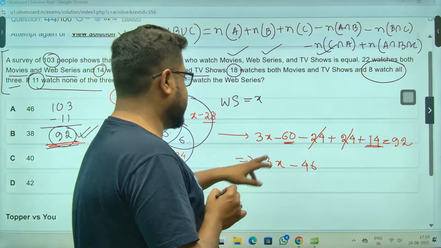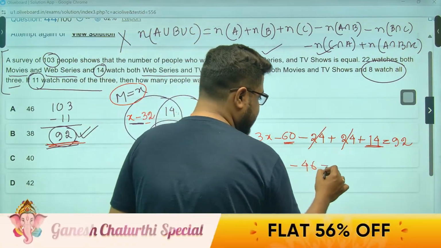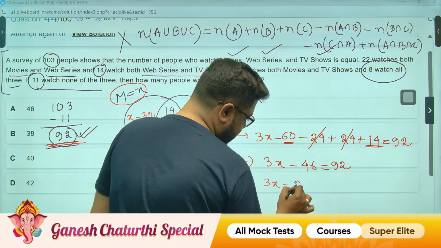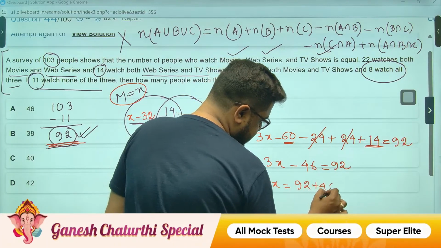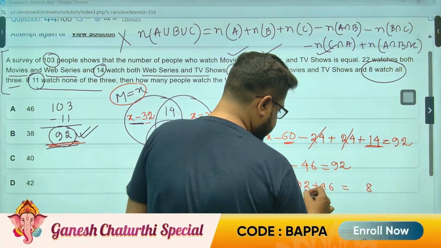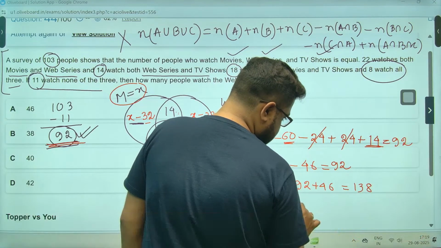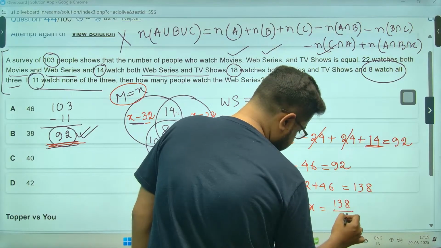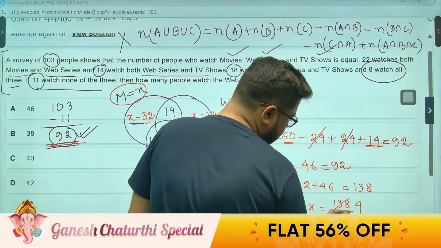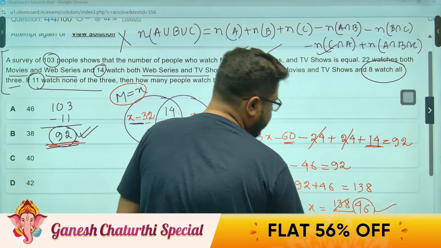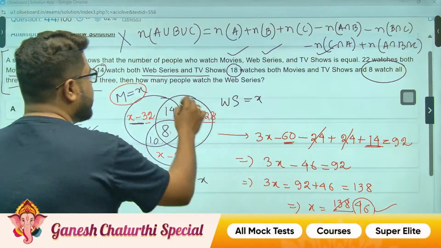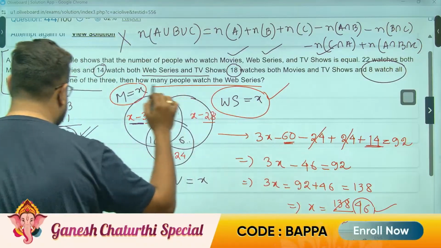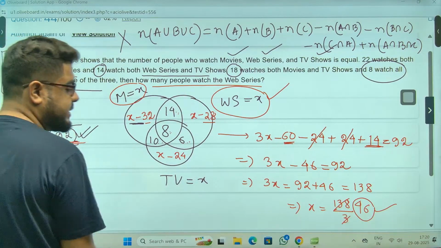This is 46, that is 92. So 3x is equal to 92 plus 46, which is 138. X is 46. They're asking how many people watch the web series. That is x, which means the answer is option A, 46.